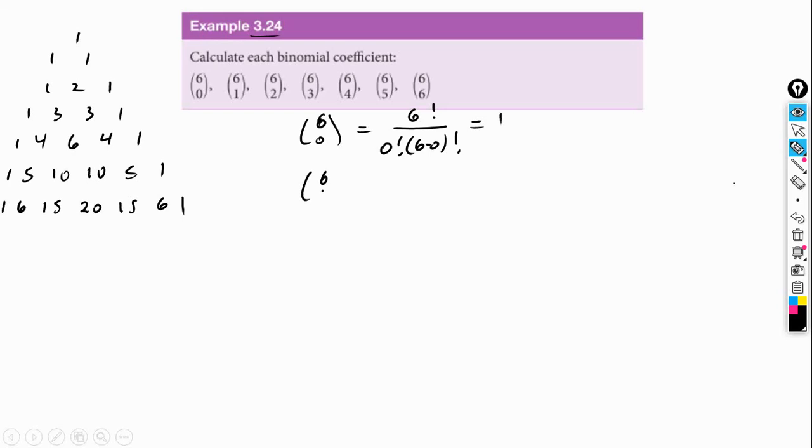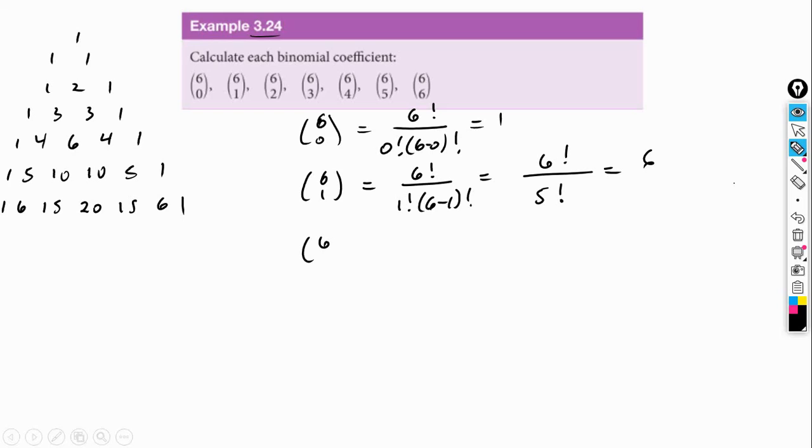Then we have 6 and 1, so this is going to be 6 factorial over 1 factorial times 6 minus 1 factorial, and this is going to be 6 factorial over 1, because 1 factorial is 1, and then 6 minus 1 will be 5 factorial. So notice that this would just leave us with 6.